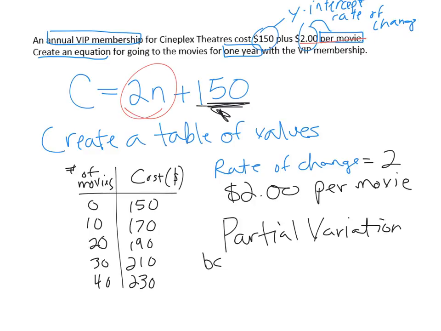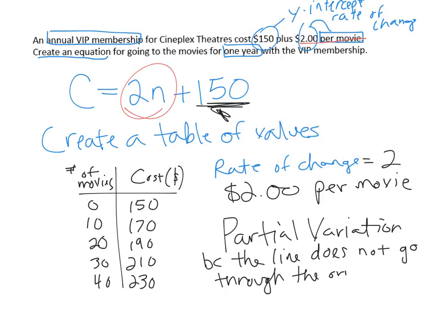Because the line or graph does not go through the origin. You should also be comfortable graphing this kind of equation. I would direct you to your notes in the unit reviews that show you how to graph an equation, that go over the rules for doing that.